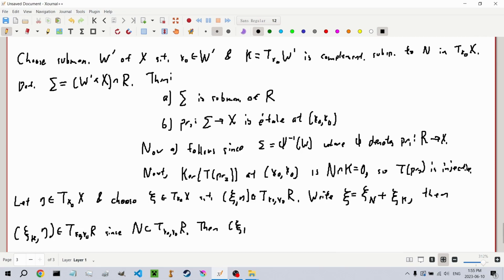Then xi_k, eta belongs to T x naught W prime times T x naught X, intersecting T x naught, x naught of R, which is going to just give us T x naught of sigma.